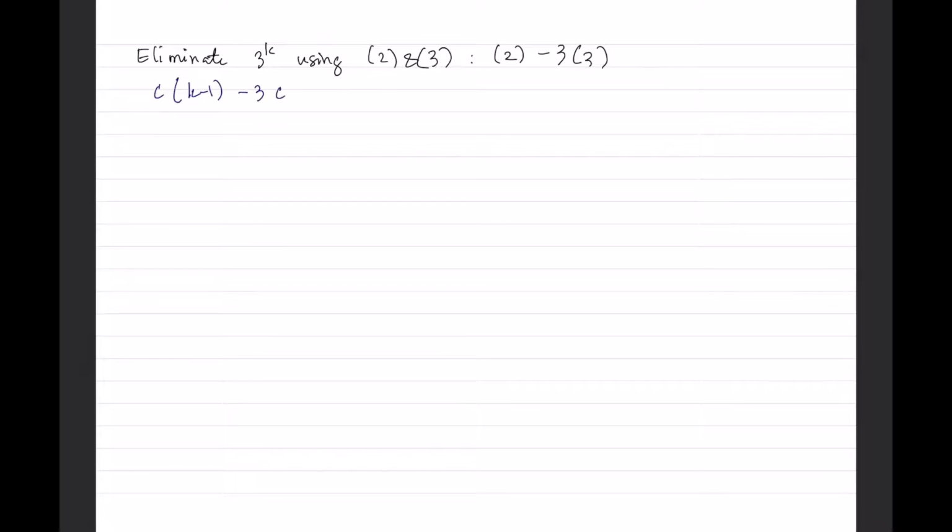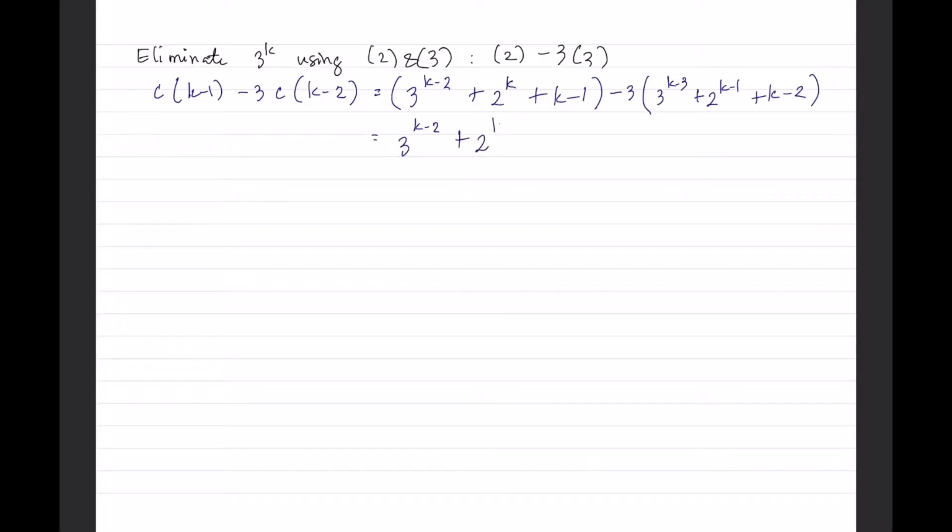So c of k minus 1 minus 3 times c of k minus 2 is equal to the quantity 3 raised to k minus 2 plus 2 raised to k plus k minus 1 minus the quantity 3 times the quantity 3 raised to k minus 3 plus 2 raised to k minus 1 plus k minus 2.